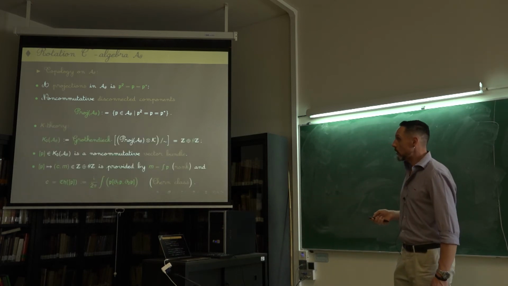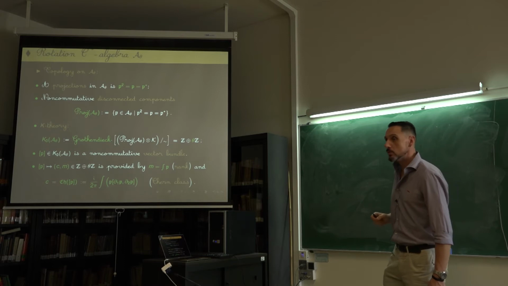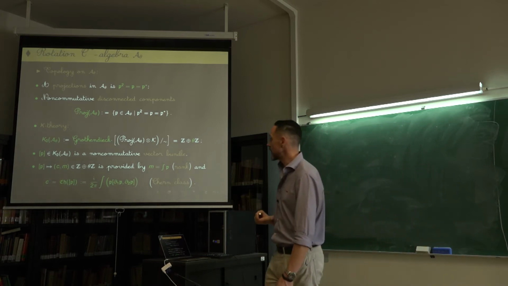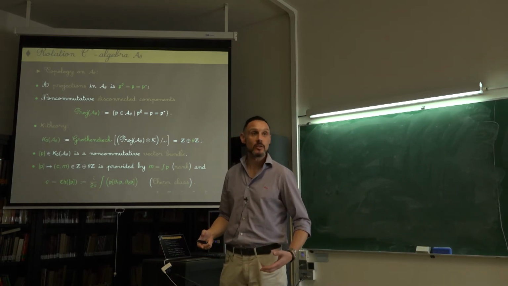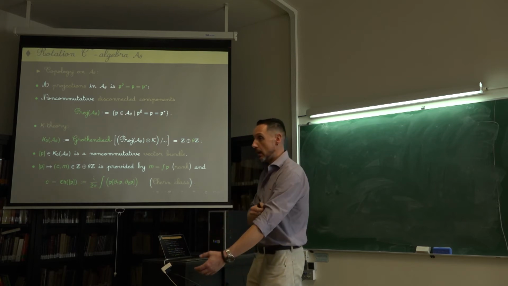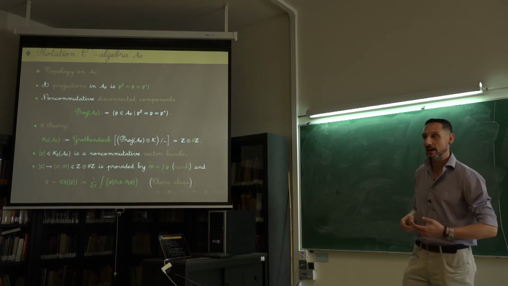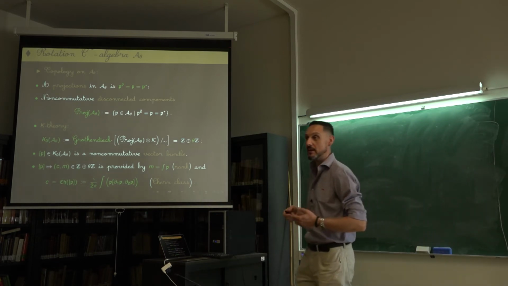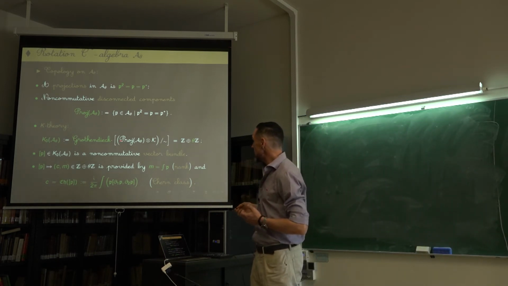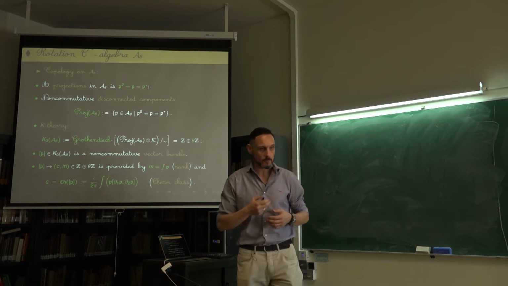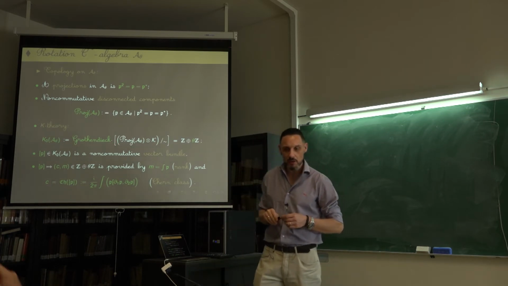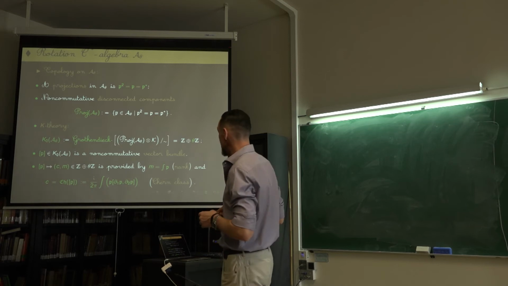I can do a little bit more. This is a trivial topology, but I can do something a little bit more sophisticated. I can construct K-theories of this algebra. I don't know how expert you are in K-theory, but essentially the way people in non-commutative geometry construct K-theory is this.